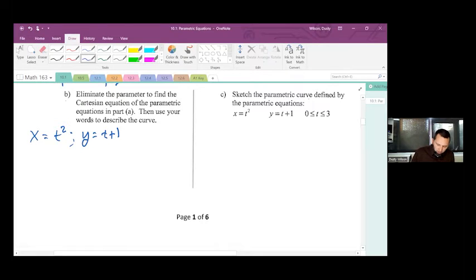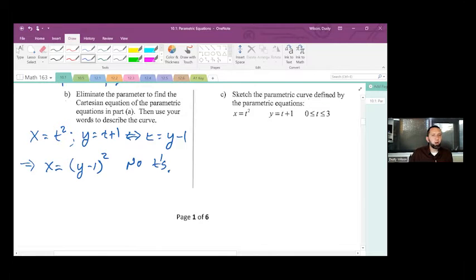Here we could solve for t and get t equals y minus 1, which would tell us that x equals y minus 1 quantity squared. So what have we done? We have eliminated the parameter t. There are no t's left. This won't always be possible, but sometimes it is.